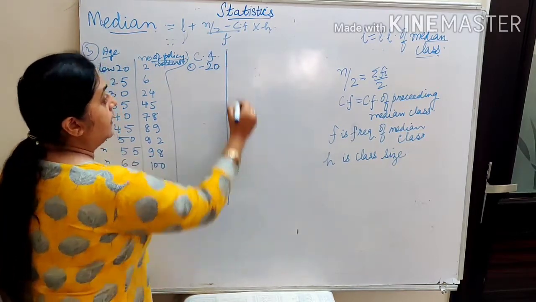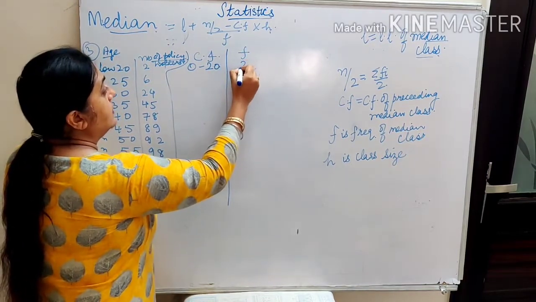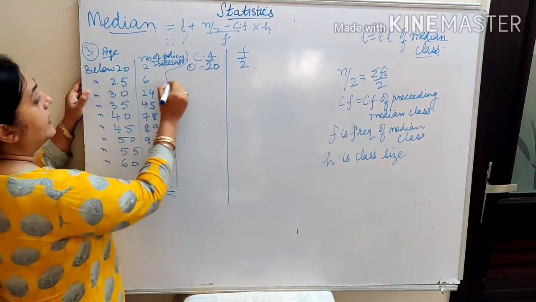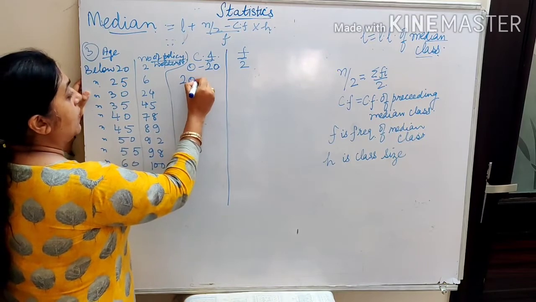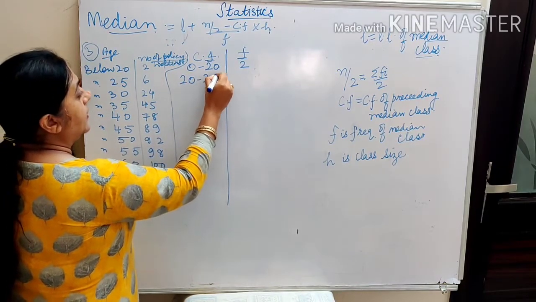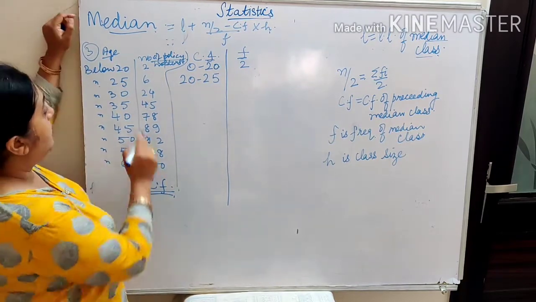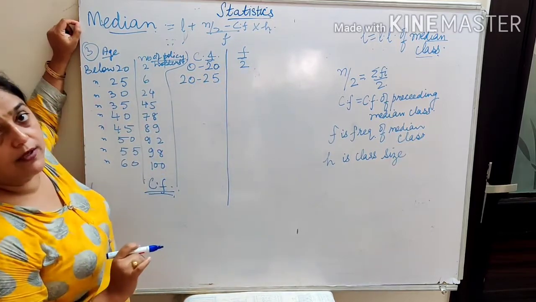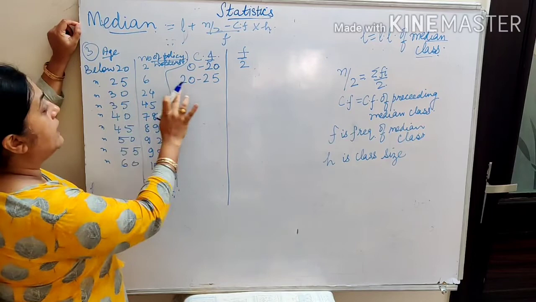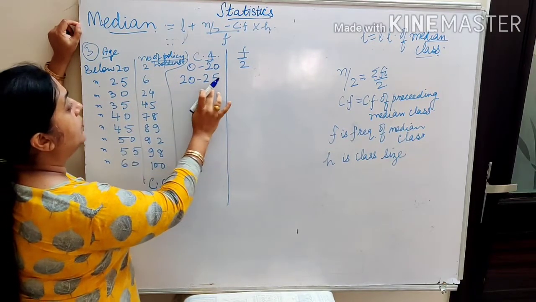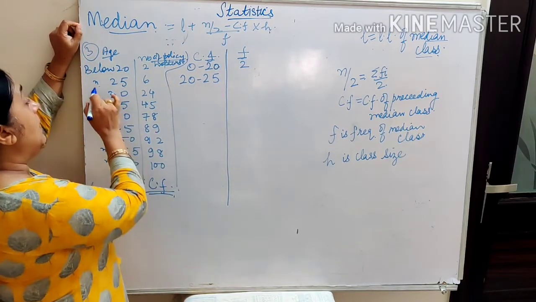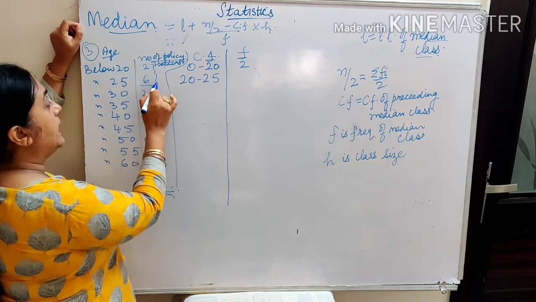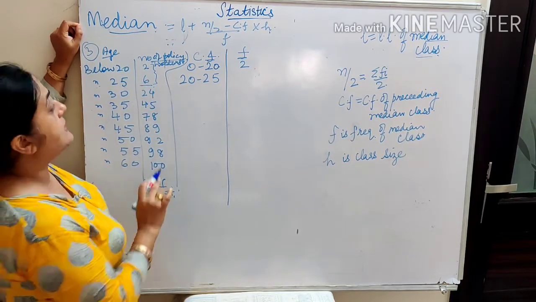So how many are there? Frequency is 2. That will remain the same. Now below 25 means I am talking about 20 to 25, because I have already counted below 20 in the first one. Now below 25, it is 6, meaning the total of below 20 and 20 to 25 is 6.